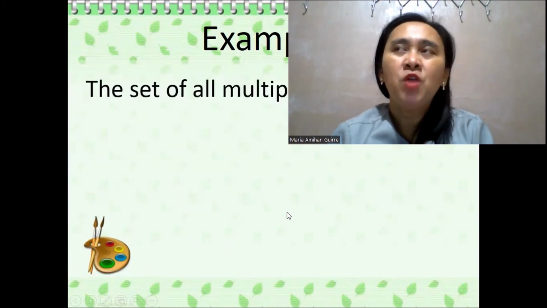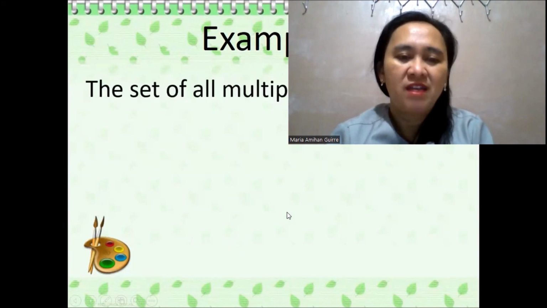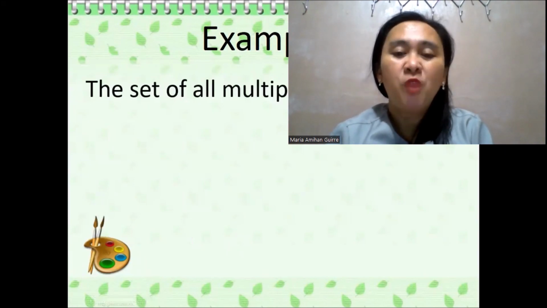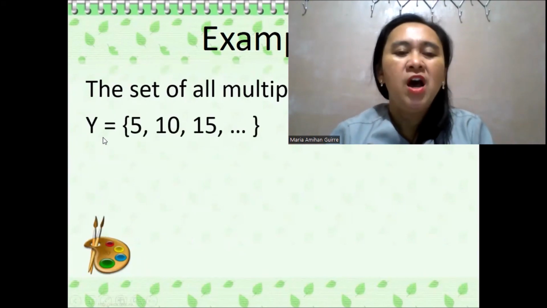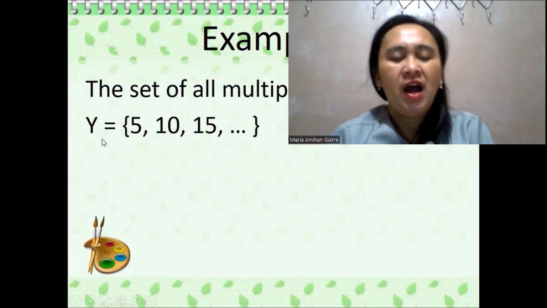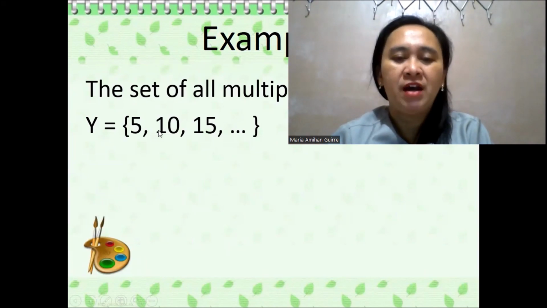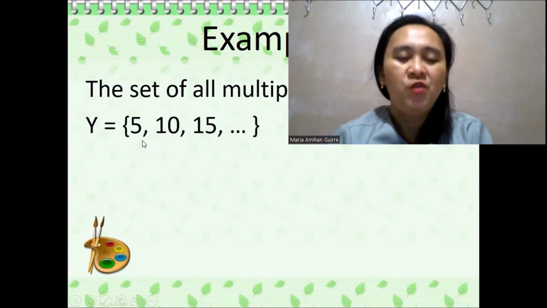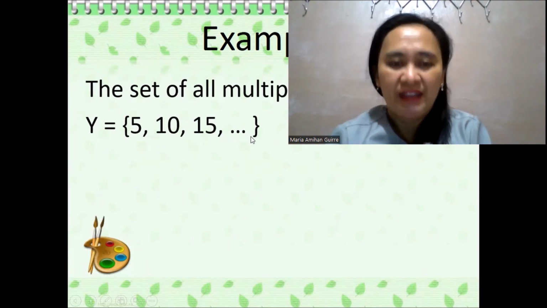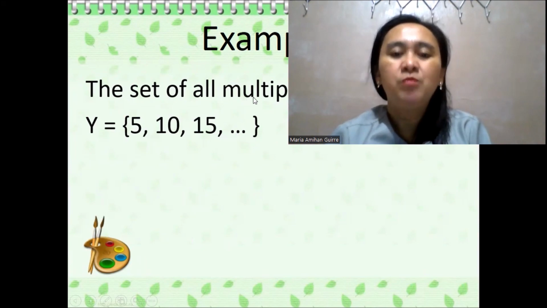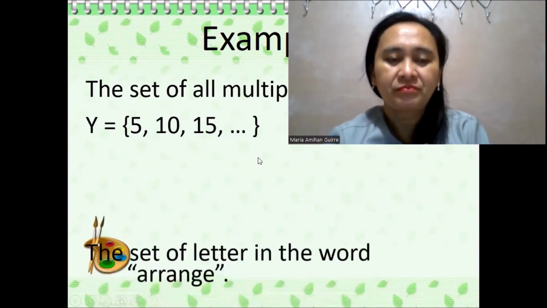Another example is the set of all multiples of 5. Multiples of 5 is also infinite. So let's have set Y for the multiples of 5. We have 5, 10, 15, again with 3 dots for the infinite multiples of 5.